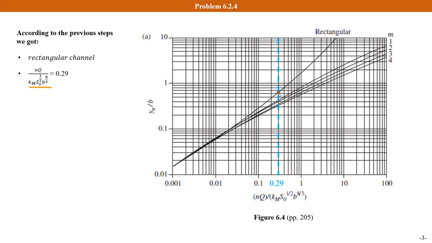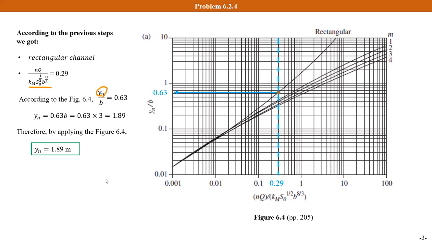Then we draw a horizontal line to read the value of y sub n over b. It's close to 0.63. So the next step, we can calculate y sub n. It equals 0.63 times b, and b is the bottom length, which equals 3 meters. Therefore, by applying figure 6.4, we got the normal depth. It's close to 1.89 meters.